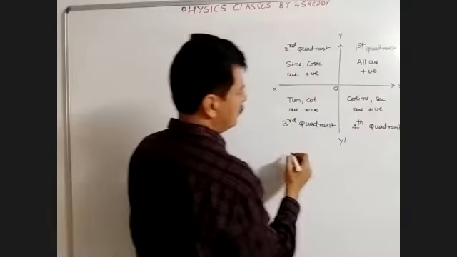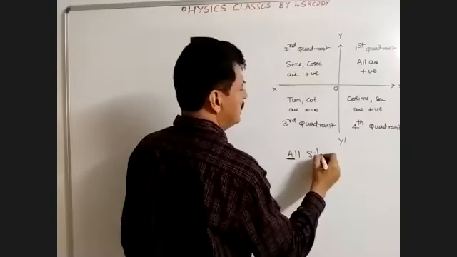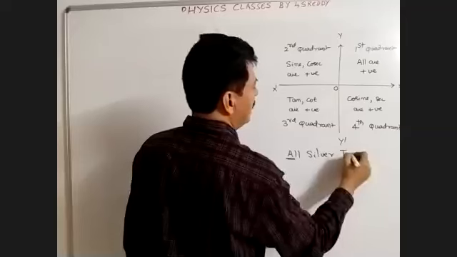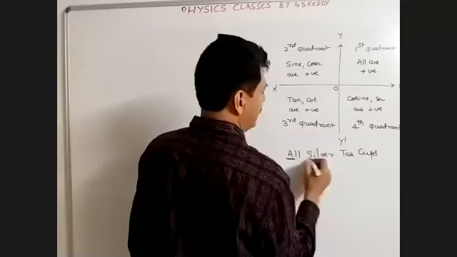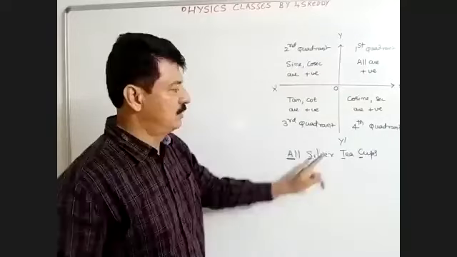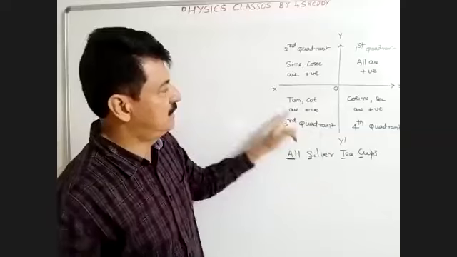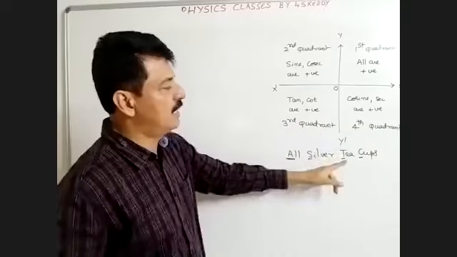These are all used in the formula called all silver teacups. This is what we have used earlier. So, in the first one, all are positive. Silver: in the second one, sine and cosecant are positive. Tea: in the third quadrant, tan and cot are positive.